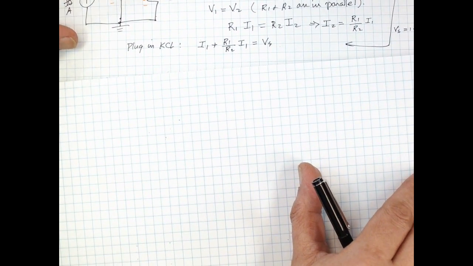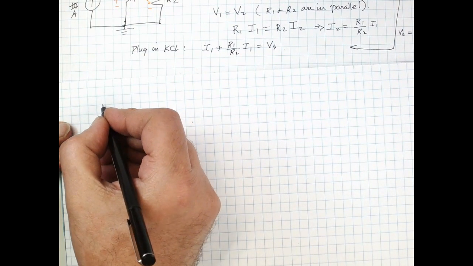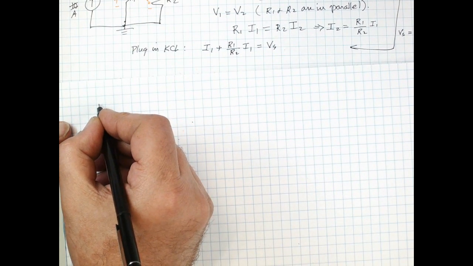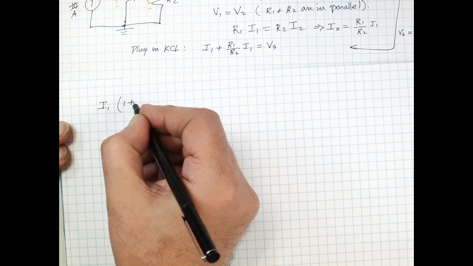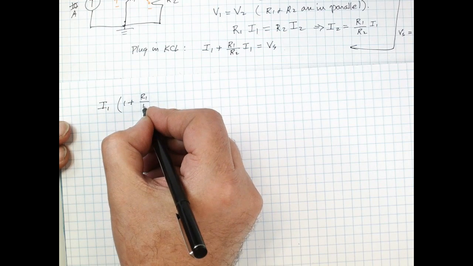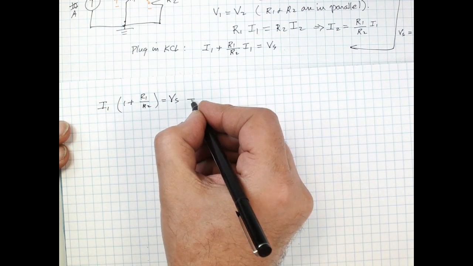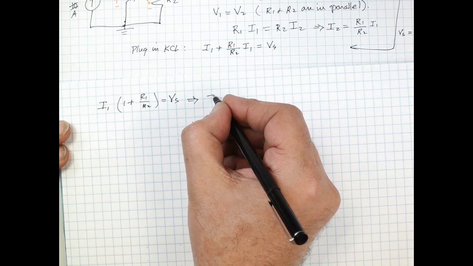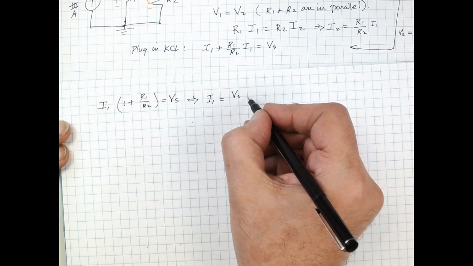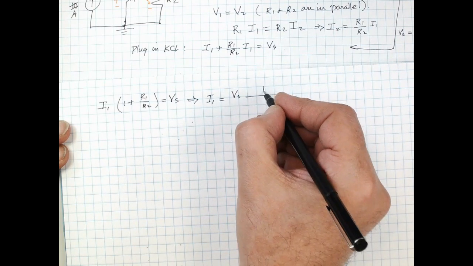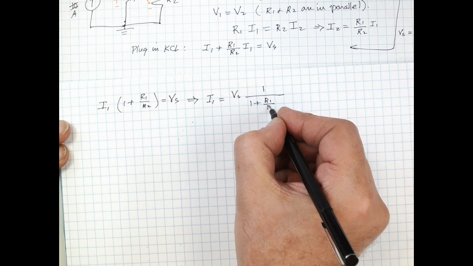Okay, so we can actually solve for I1 in this circuit here. So we have I1 times 1 plus R1 over R2 is equal to Vs. So therefore, I1 is equal to Vs divided by 1 plus R1 over R2.